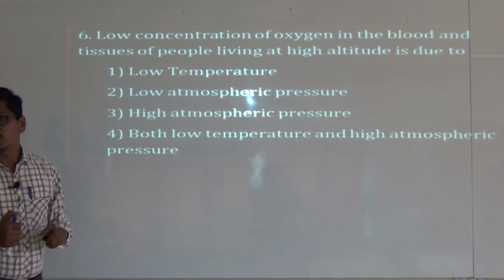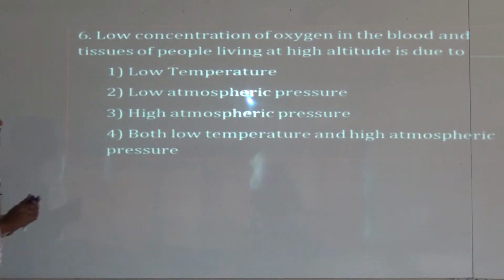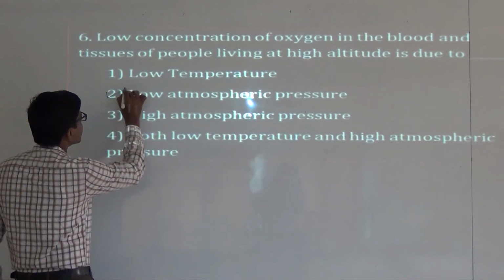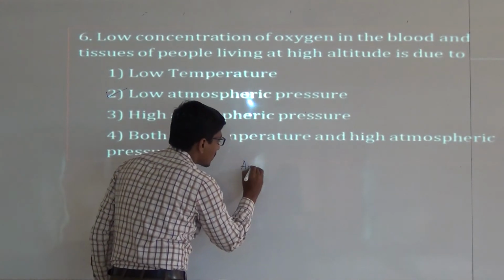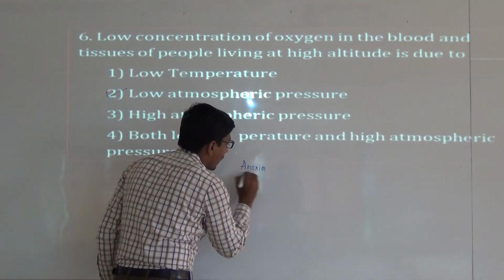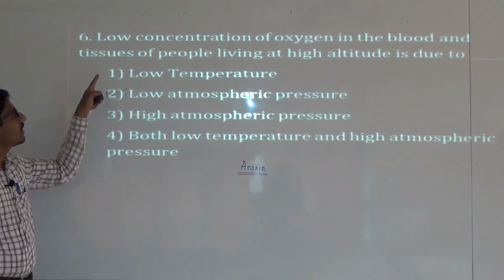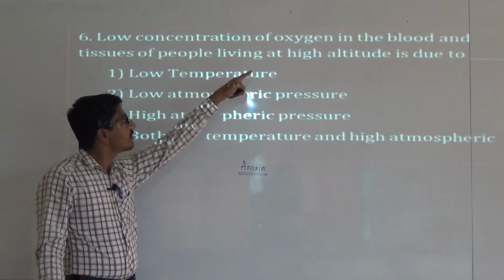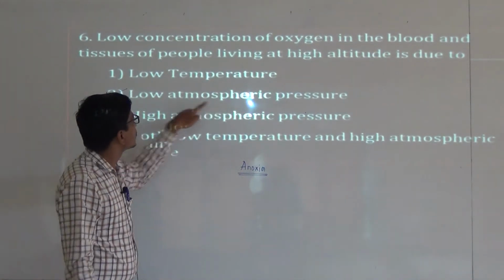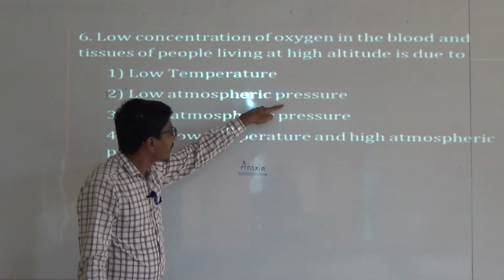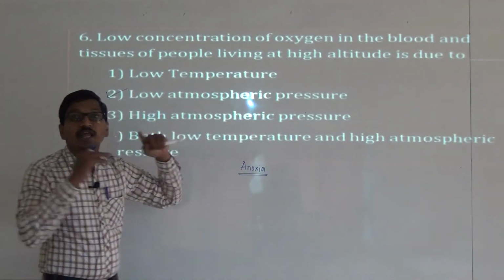Low atmospheric pressure causes a symptom called anoxia. The low concentration of oxygen in the blood and tissues of people living at high altitude is due to low atmospheric pressure, and the people are unable to think.